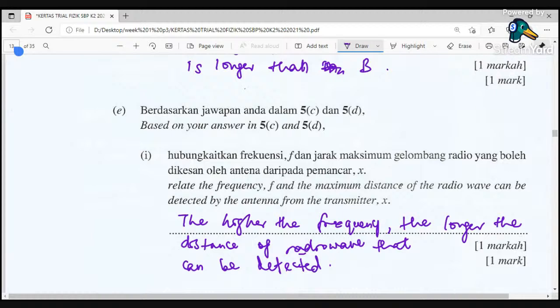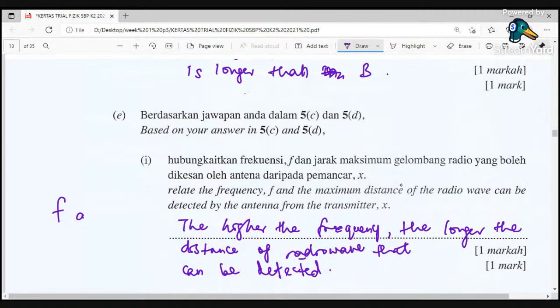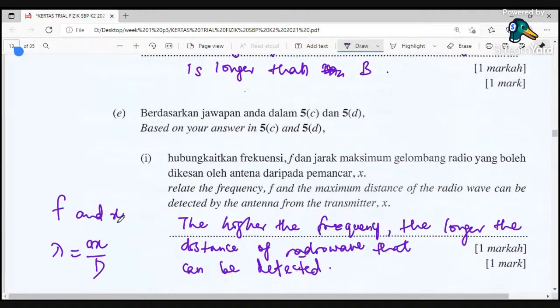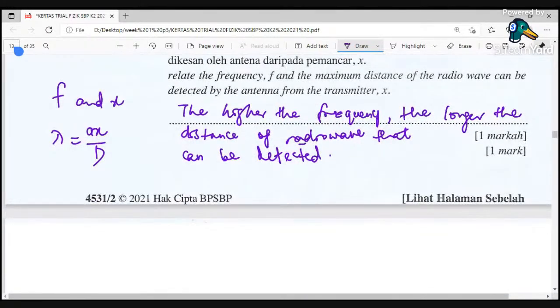The higher the frequency, the longer the distance of radio wave that can be detected. Means the relationship between f and x. Okay, from the formula, x divided by d. Lambda is v over f.